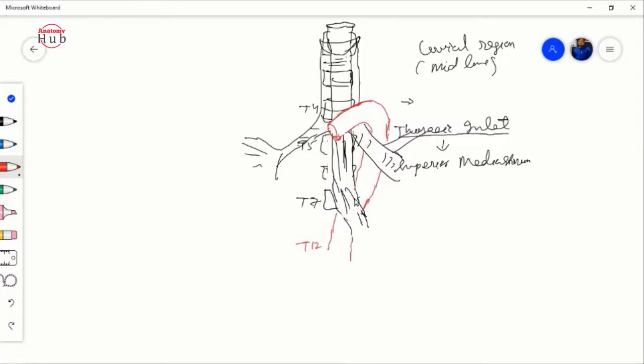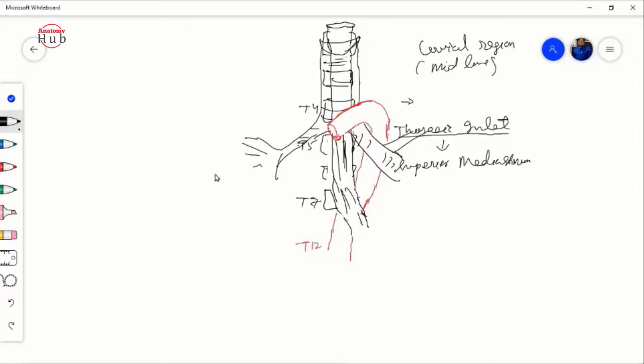Sir, any doubt? At T7 it is crossing. Yes, at T7 it again deviates towards the left side, and that inclines forward also.